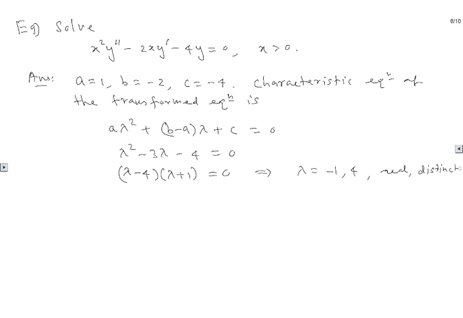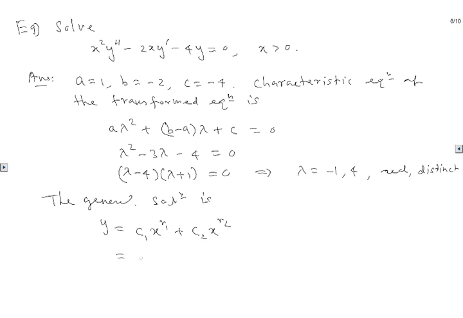Since real distinct is the first case, the general solution is y equal c1 x to the r1 plus c2 x to the r2.